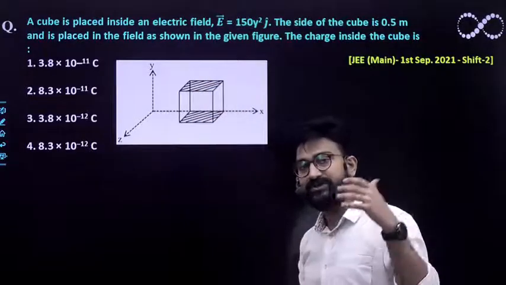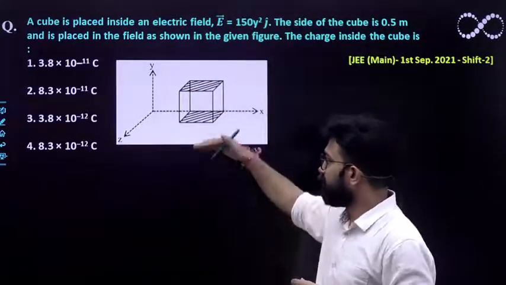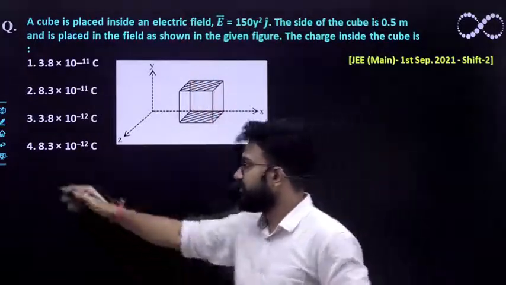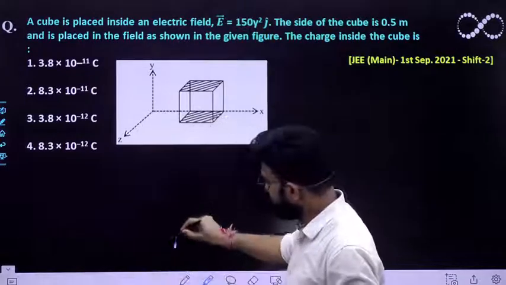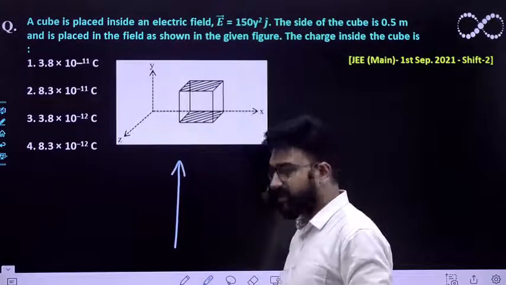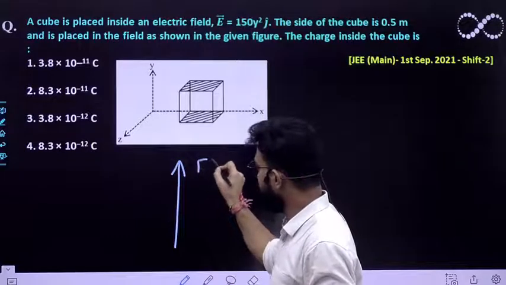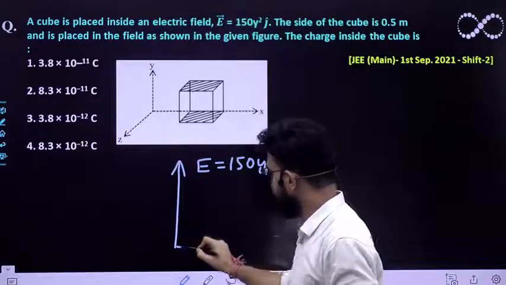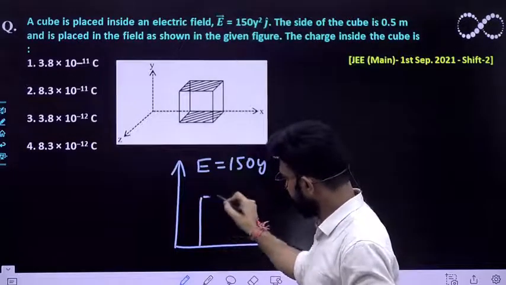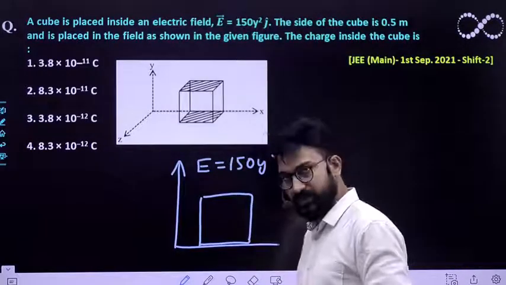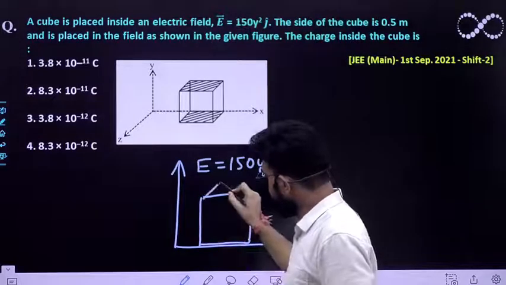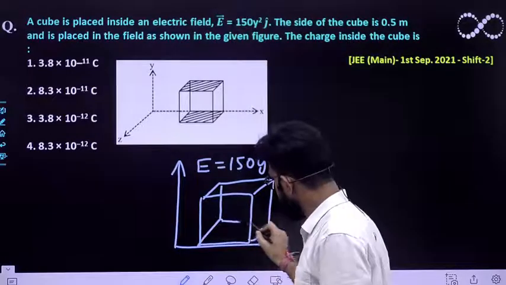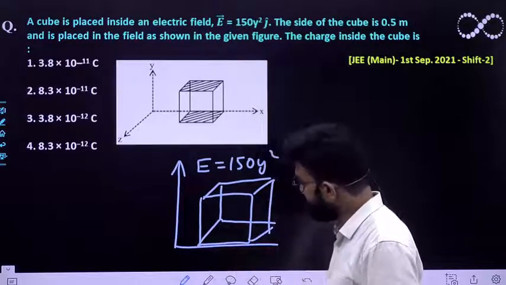Okay, since the electric field is variable, that means the electric field is moving in the upward direction along the y-axis. As you can see, the electric field is along the y-axis and it is given by E is equal to 150 y square, and this cube is placed just like this, over here at the origin.